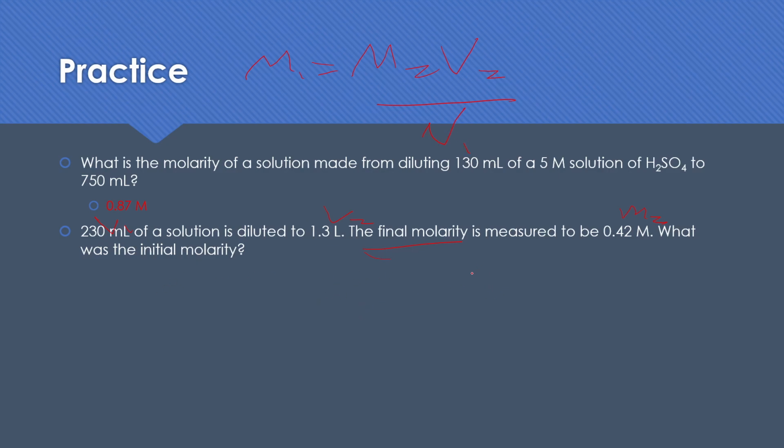So it's 0.42 molar times, now we have to be careful here, this is in liters, this is in milliliters. They have to be the same unit, it doesn't matter which one. I'm just going to leave this in liters since I'm writing it first. So 1.3 liters divided by 0.23 liters. Liters cancels, so I could also do 1,300 milliliters over 230 milliliters, that would work too. And that comes out to 2.37 molar.